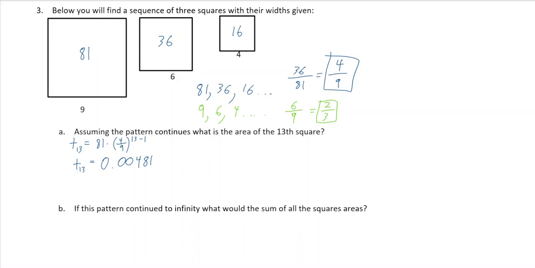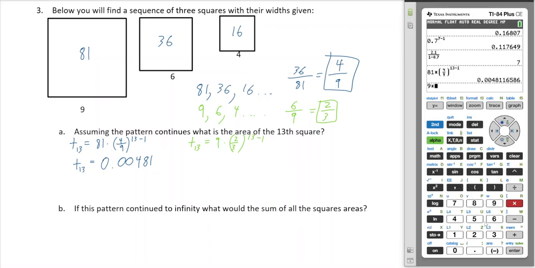Now, if we do this with the green equation, we would kind of do the same sort of thing, and you'll see we get 9 times 2/3 to the 13 minus 1.